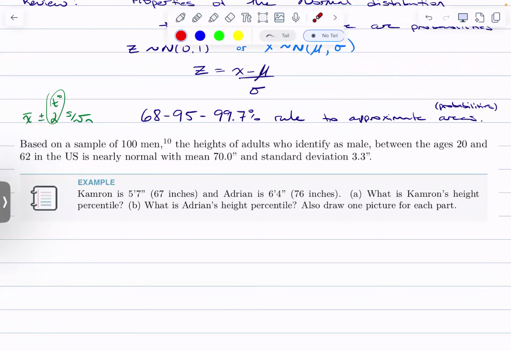So we can use this rule, just a quick guide, to approximate areas which are probabilities, and that's pretty useful, right? No calculator required. Although I did play around with our calculator, or I guess mine's the old version of your calculator.